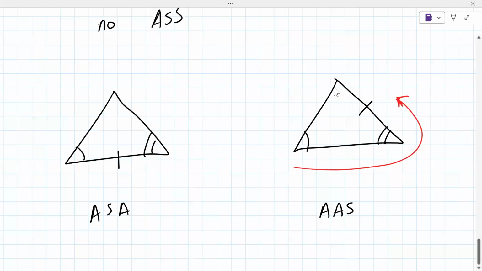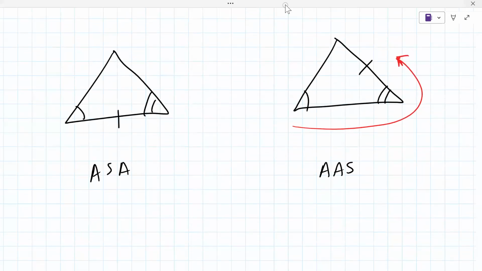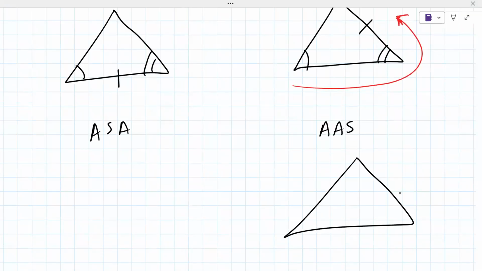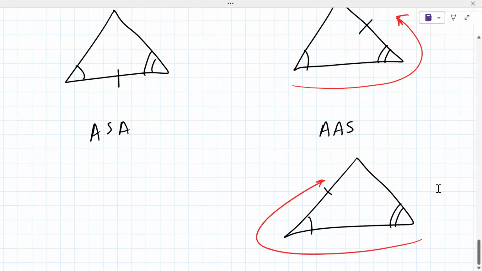Well, what do you know about this side? Nothing. In another drawing, though, it could be angle, angle, side, and then it's okay. You're skipping this side and getting to that side over there. That makes sense.